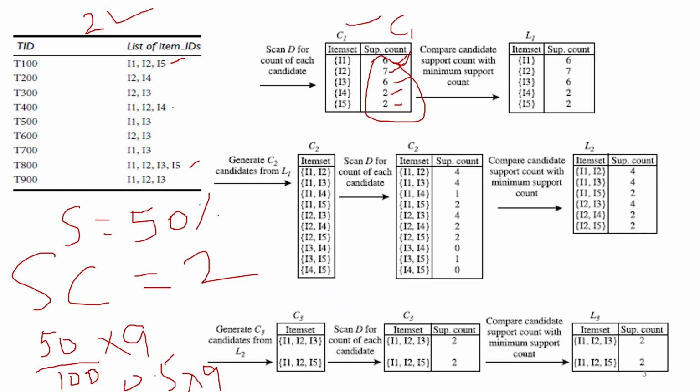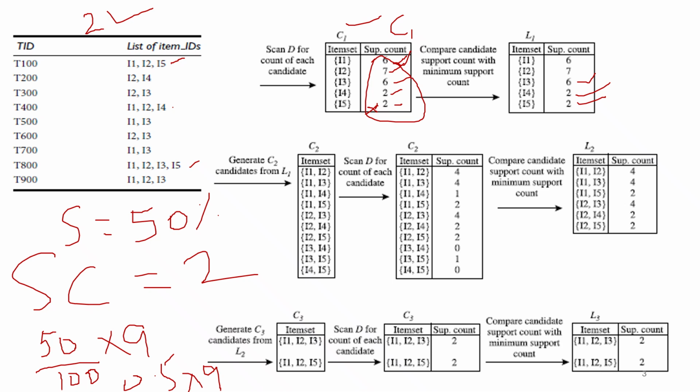Then I3, greater than the support count. I4 greater than the support count. I5 greater than the support count. If I5 were 1 instead of 2, then we would not take it into consideration. Since every item's support count is equal to or greater than 2, we are considering those items.